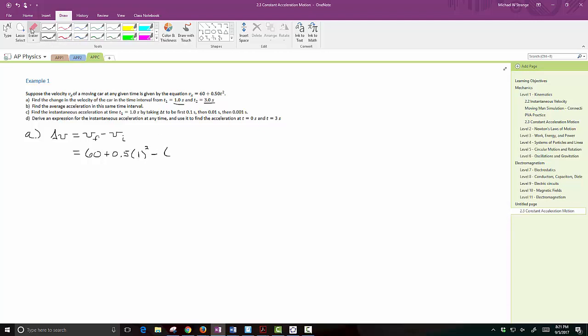You know what? Yeah, let's just do it. I was going to say we should break this up so that you can follow what I'm doing. But this is going to be the velocity at 1 second, and I'm subtracting the velocity... I'm sorry, this should have been the velocity at 3 seconds, minus the velocity at 1 second.